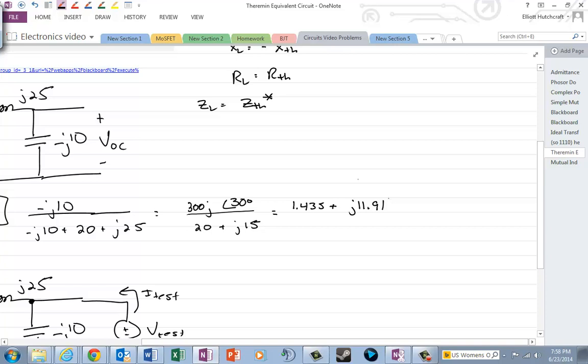Which, when I take the magnitude and phase, I could also have written it in this way: 12 angle 83.13 degrees.